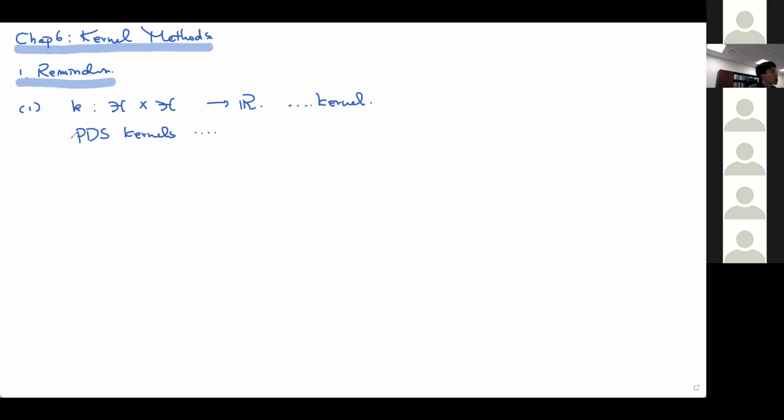PD means positive definite. And S means symmetry. So the condition symmetric is obvious. You say that changing two arguments doesn't change the value, which makes sense because the purpose of using K is to compare the similarity between the two.